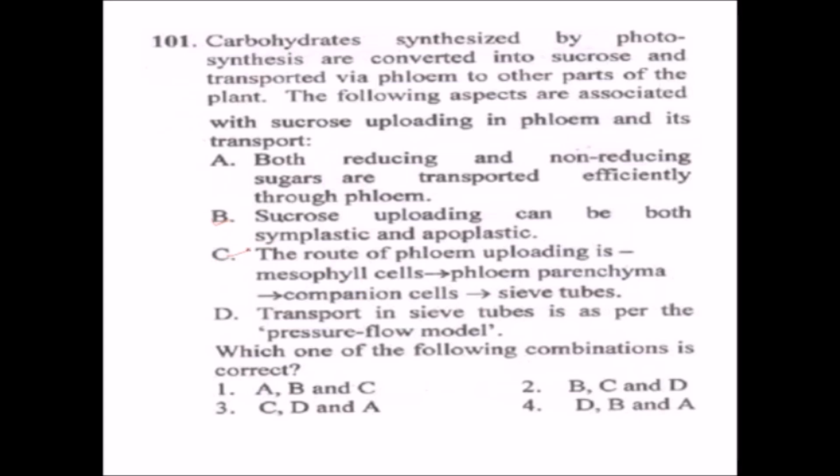So this statement is also true, and obviously the transport in the sieve tubes is as per the pressure flow model, because it always flows from the higher concentration toward the lower concentration, and the pressure created by the transpiration pull also controls the upward movement of the transported material in plants. So here the answer will be B, C and D. So as per this, the answer is number 2.